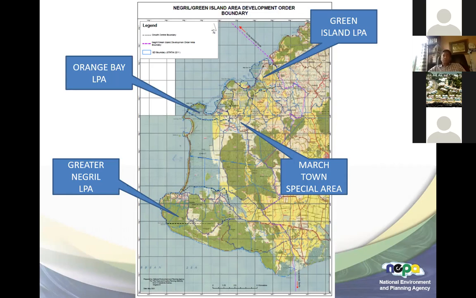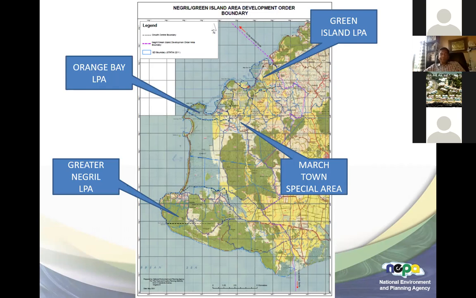So we would have already had some information as it relates to those areas, and we would have prepared some policies for those areas, which we would seek to incorporate within this new or this revised development order for Negril.